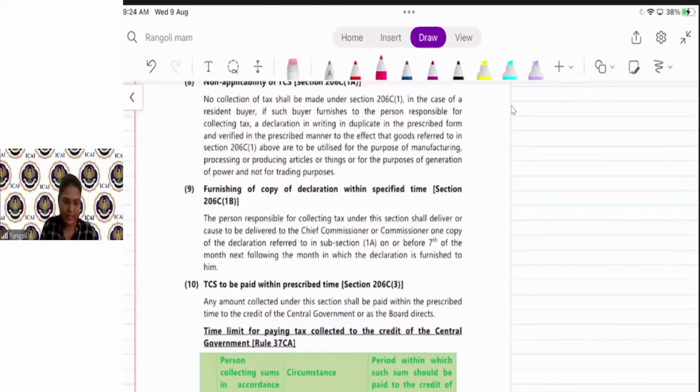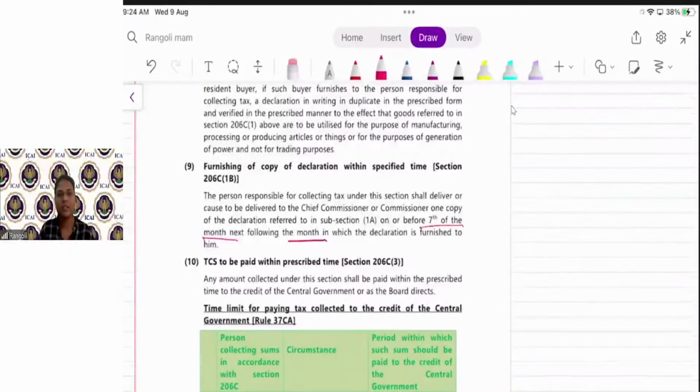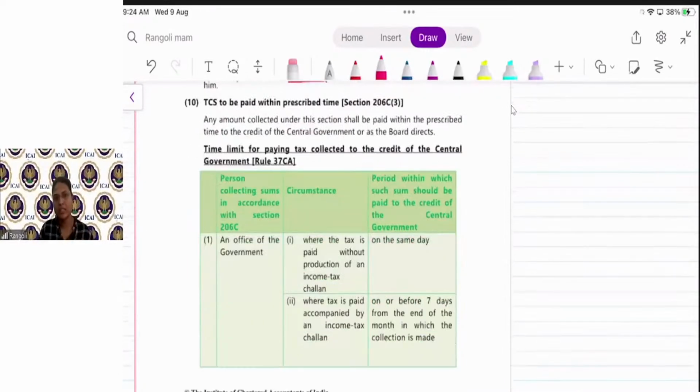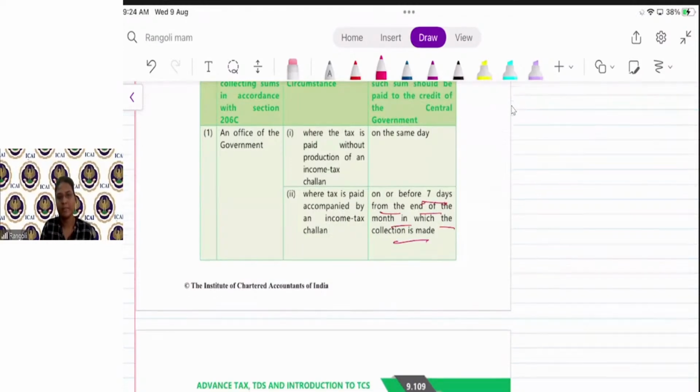Now, just like TDS, you need to pay the TCS collected to the government. Yes or no? The due dates are the same. If the payment is made without an income tax challan, then you need to deposit it on the same day on which the TCS is collected, and where it is deposited by income tax challan, then on or before 7 days from the end of the month in which TCS is collected.